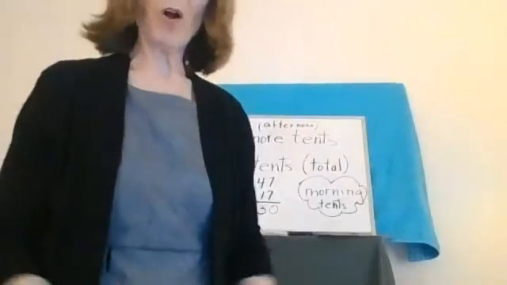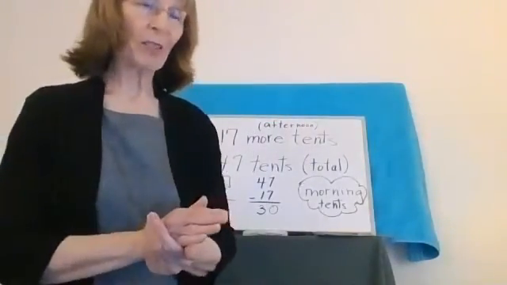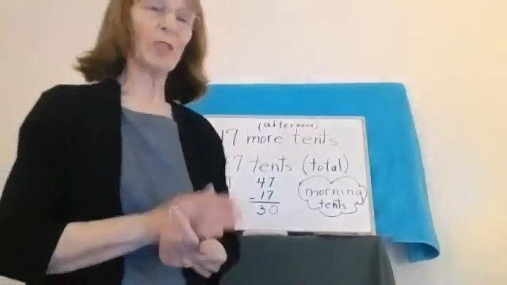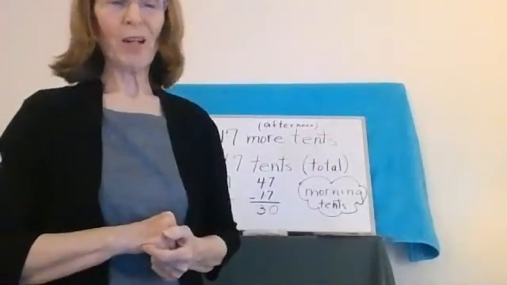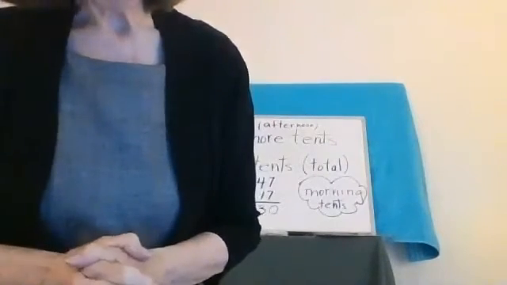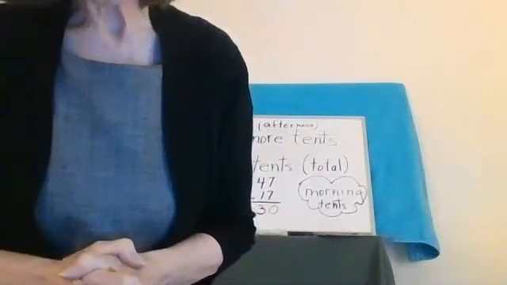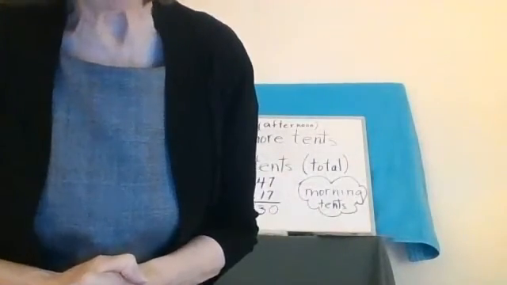Now it tells us there are 47 tents that were all set up. So that means 17 is part of the 47 tents, and also the tents in the morning are part of the 47 tents that were finally put up at the end of the day, or at least in the late afternoon, or after the afternoon.